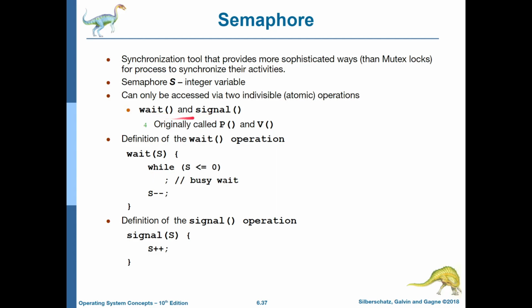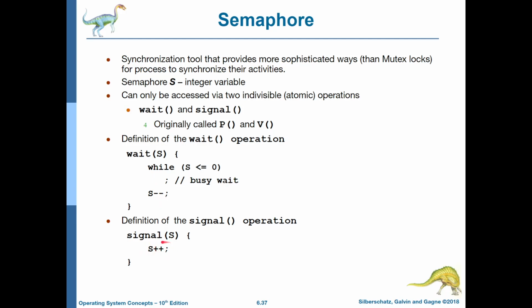Really, what these two operations do: wait performs a decrement as long as the semaphore is not less than or equal to 0. If the semaphore is equal to 0 or less than 0, it will enter this busy wait, and it will decrement only if the semaphore goes above 0. When does the semaphore go above 0?